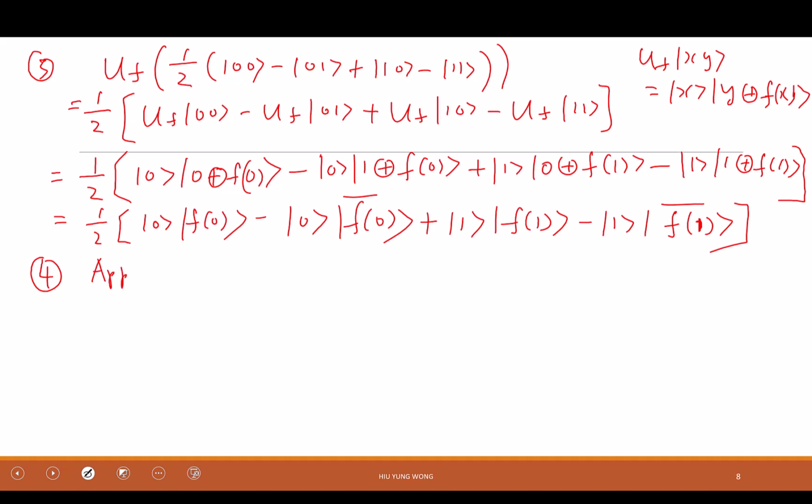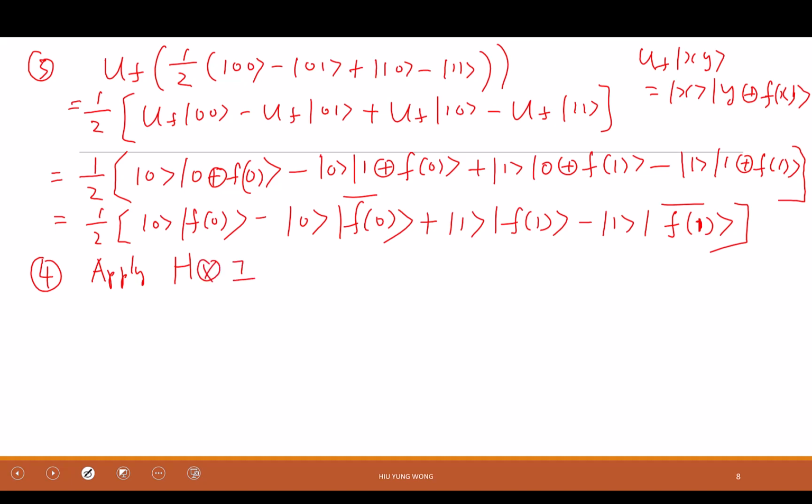I'm going to apply the Hadamard gate to the first qubit. So what should I do for the whole system? I only want to apply the Hadamard gate to the first qubit. So what is the overall gate I need to apply to this system? Yes, right?